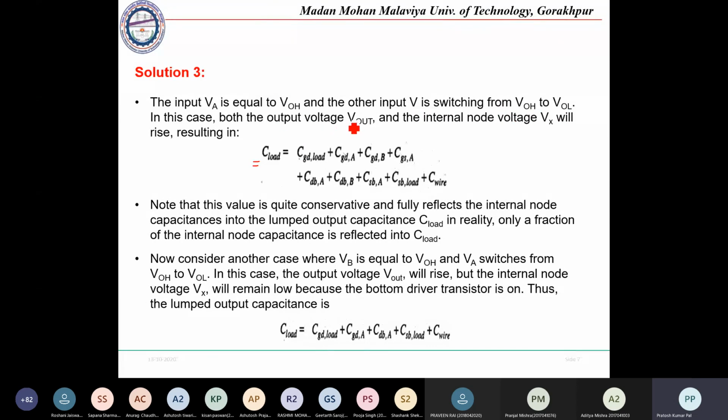In this case, both the output voltage, that is Vout, and the internal node voltage Vx are rising. So these two are rising.